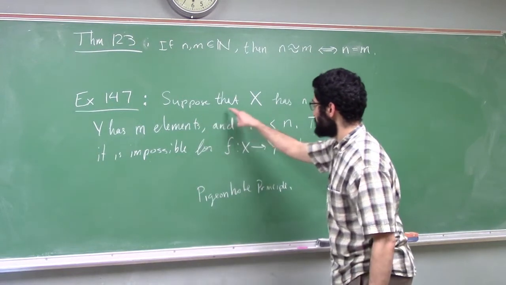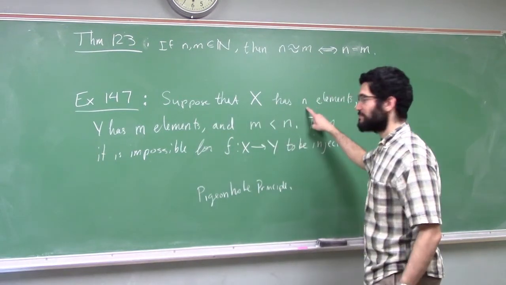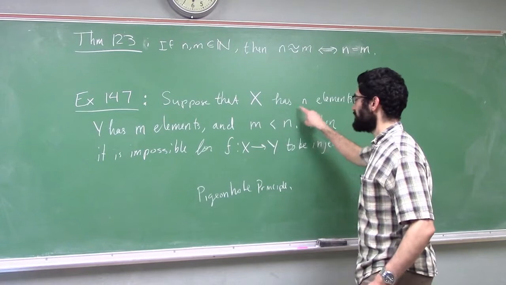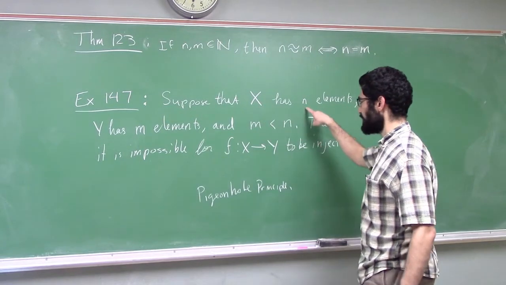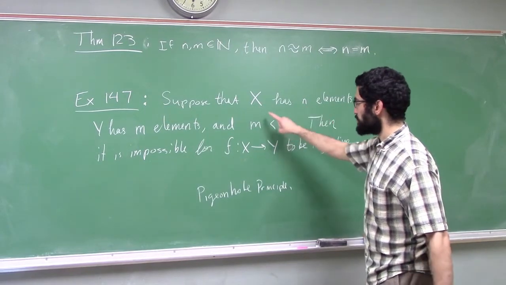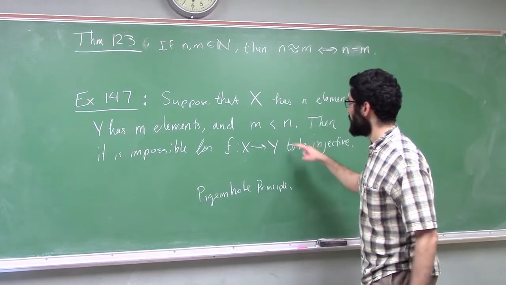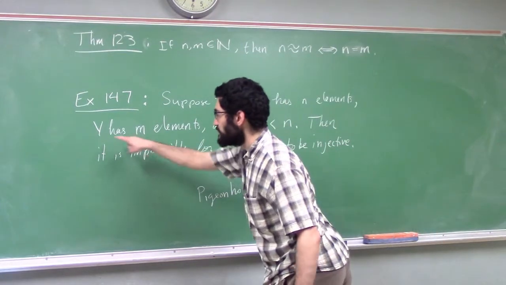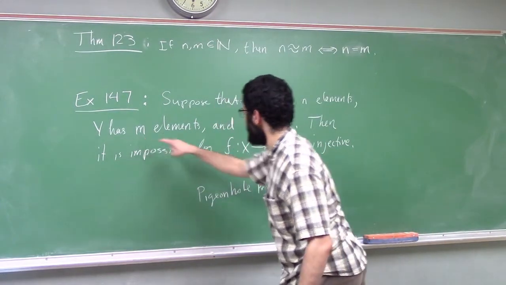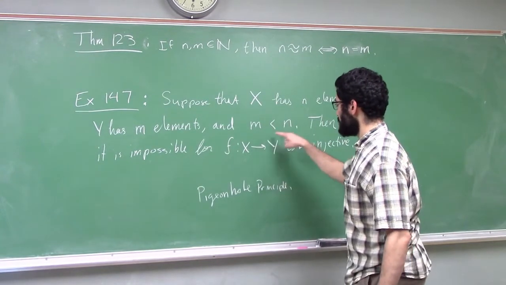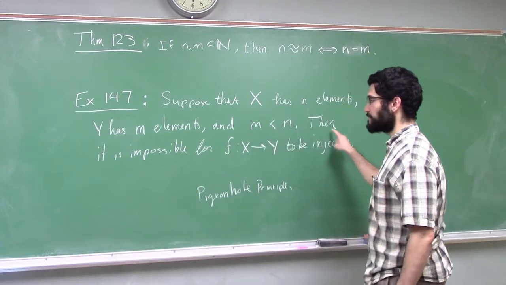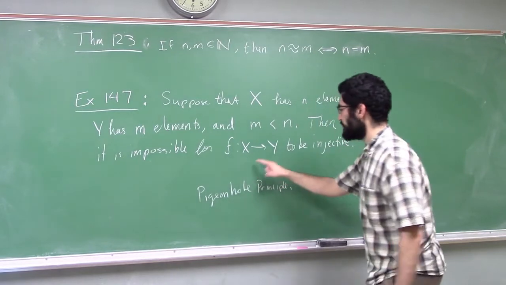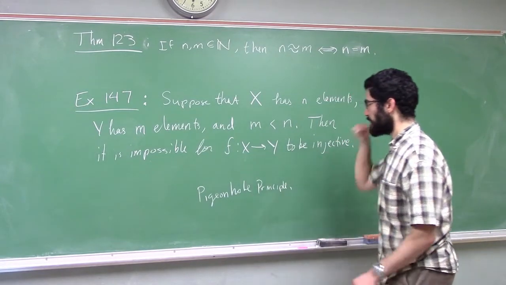Okay, so precisely, suppose x has n elements, which does not mean x equals n, but means x wiggle n, and n is a natural number. So there's a bijection between x and n. y has m elements, so there's a bijection y with m, and m is less than n. Then it's impossible to have an injection from x to y.